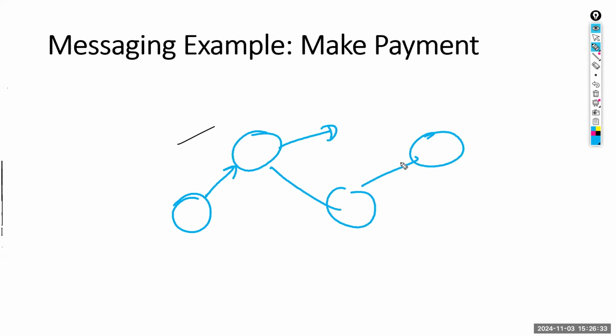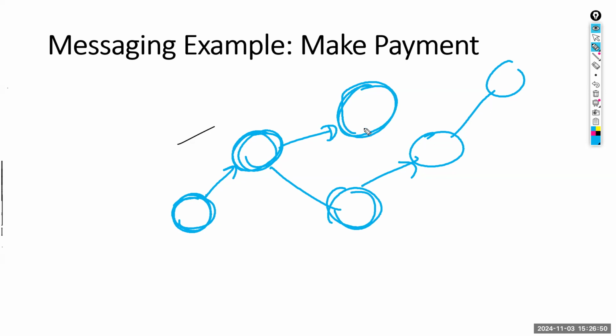Okay. And these can be different objects. Maybe this is a customer object. Maybe this is an account object. Maybe this is another payment object. Maybe this is an email object. And these things communicate and collaborate. The end result is a particular transaction is done. Okay.